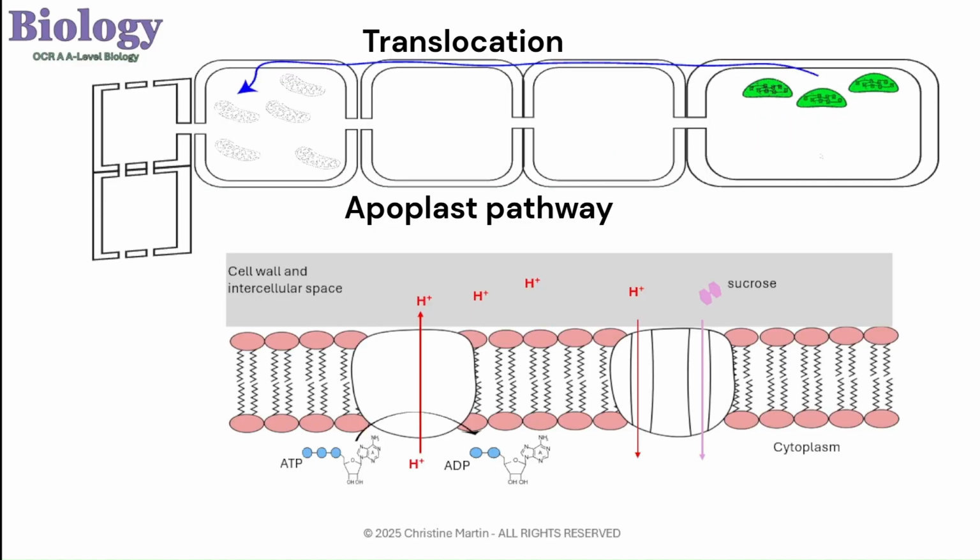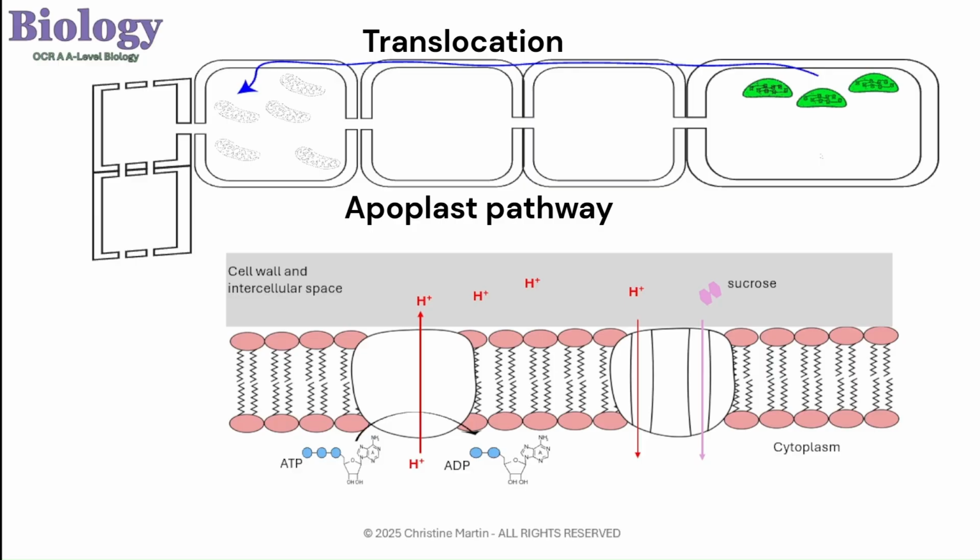Now, the other way in which we can load sucrose is known as the apoplast pathway. Now, the plasma membrane of source cells contain sucrose transporters that move sucrose out of the cytoplasm into the cell wall and intercellular space.